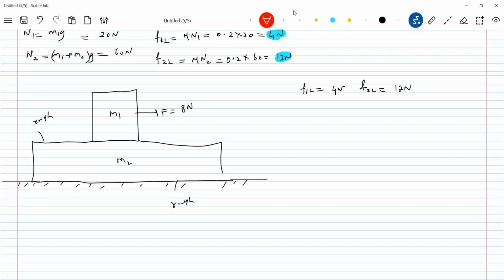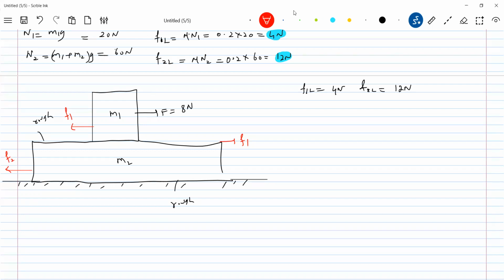Will it shift or not? So 8 Newton here, F1. I'll still call this F1. Let me assume like this.